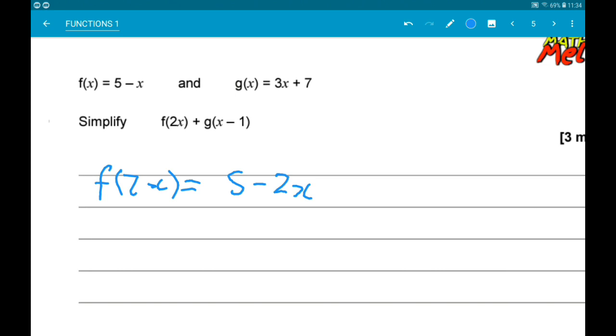And then g of x minus 1. So here the x becomes x minus 1. So we get 3 times x minus 1 add 7, which is 3x minus 3 add 7, so it's 3x add 4.